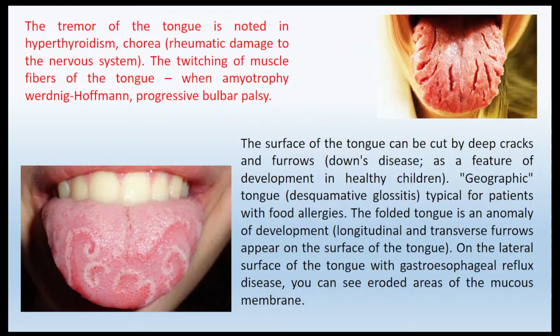Very interesting is also the surface. The tongue can be deeply furrowed, geographic tongue, desquamative glossitis, typical for patients with allergy. On the left pictures you can see a folded tongue, an anomaly of development.